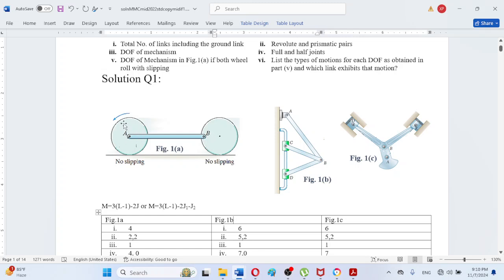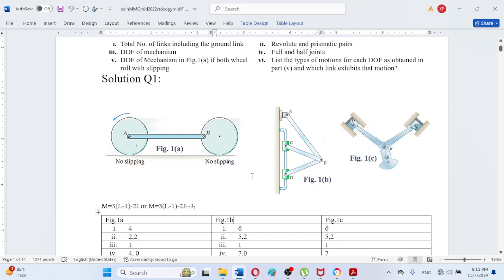Similarly, at point A, the left wheel has a revolute joint with the horizontal bar. And there are two prismatic motions, because these wheels roll without slipping on this horizontal surface.